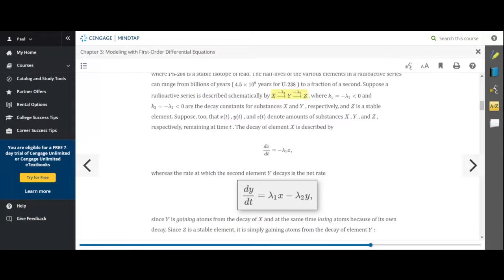Good, Ann. Y is decaying into element Z. So you have to then say, minus lambda 2 Y. So at the same time it's gaining atoms from X, it's losing atoms to Z. And that's why you have that.